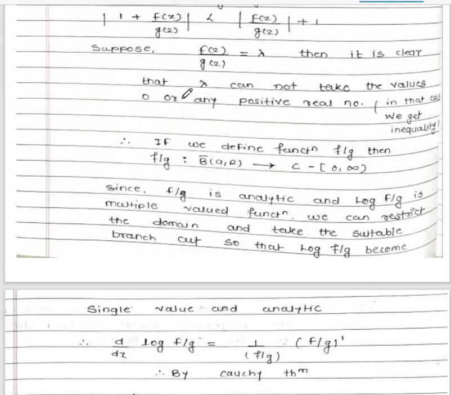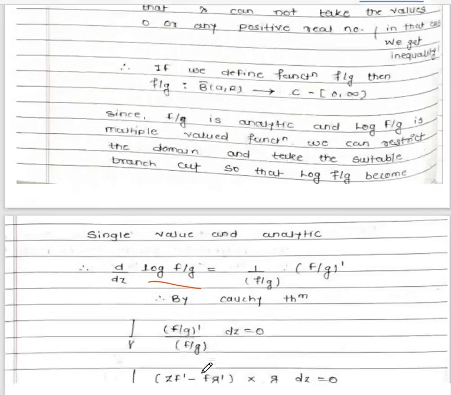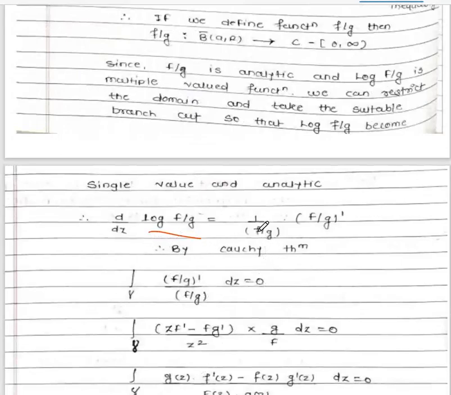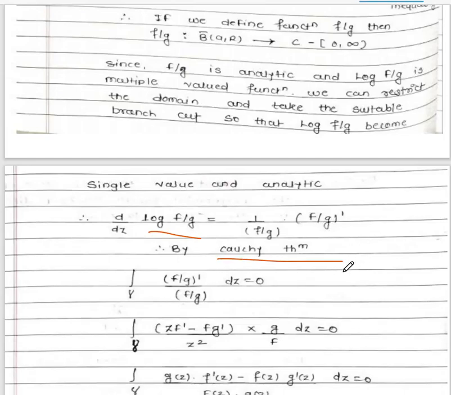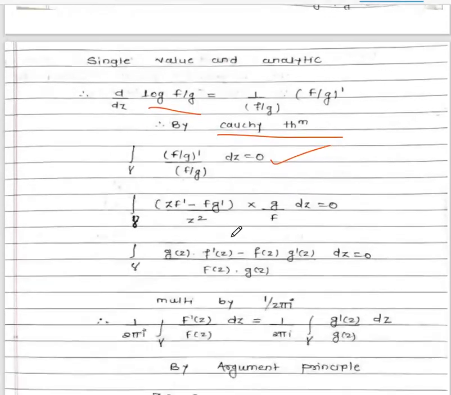Taking the derivative of log f by g with respect to z, the derivative of this term is 1 upon f by g into (f by g) dash. Therefore by using Cauchy's theorem, integrating on both sides, the integral of (f by g) dash upon f by g dz equals 0.